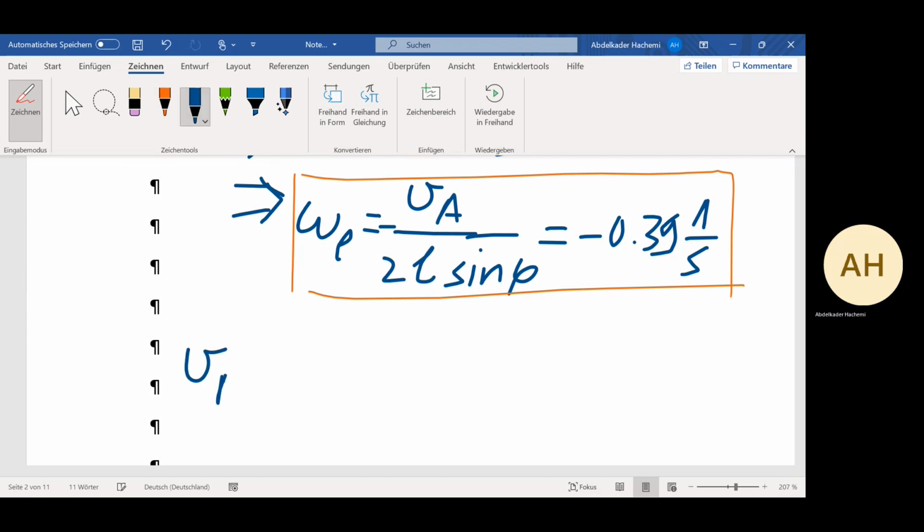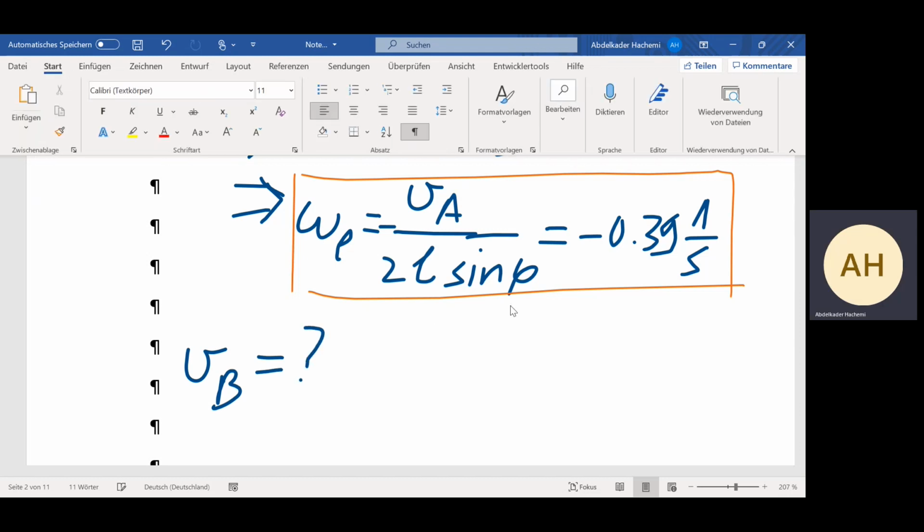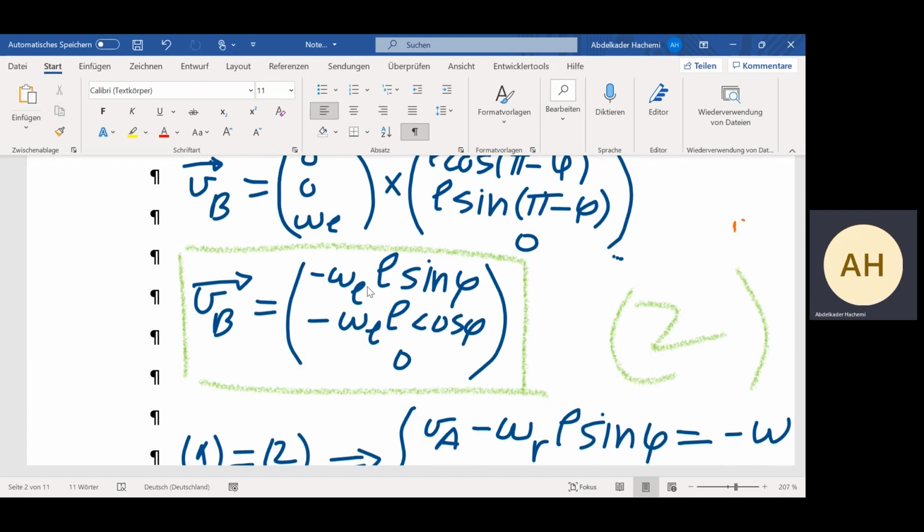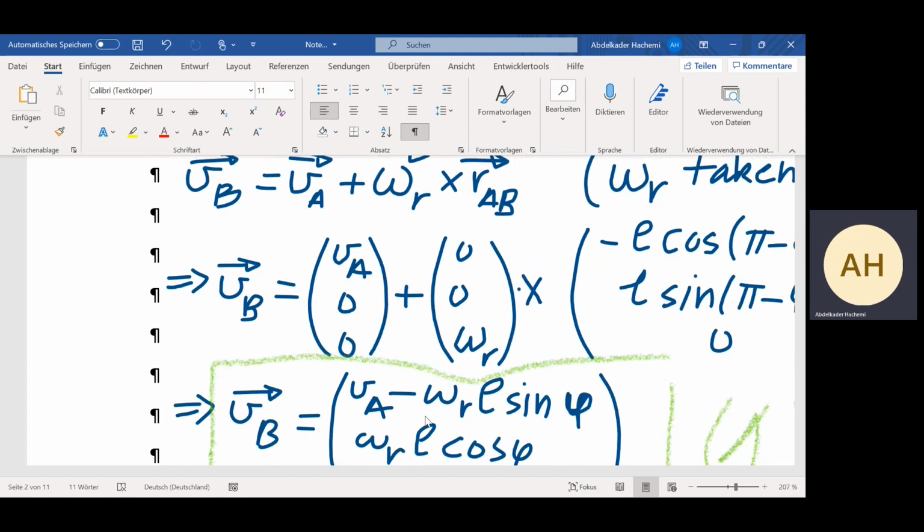Okay, to get VB now, if I use the previous, either you use the first or second equation, yeah?